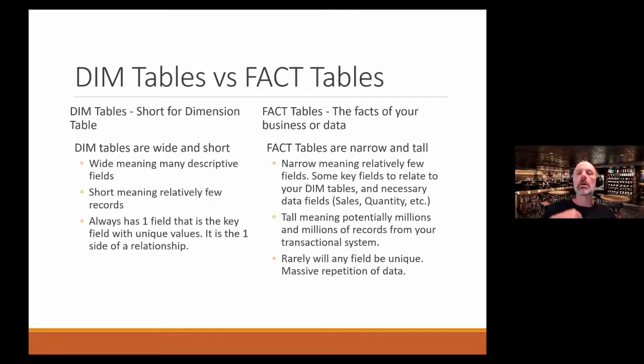Same thing with customer number, etc. But it is very tall, potentially millions or hundreds of millions of records because you're selling every day. And rarely will any field be unique. It is possible that there will be no unique fields in that at all because things are constantly repeating. You're selling the same item to different people, but to those different people, they're buying from you multiple times on the same day. Multiple people are buying. So there's a lot of repetition there. And that's how fact tables are set up.